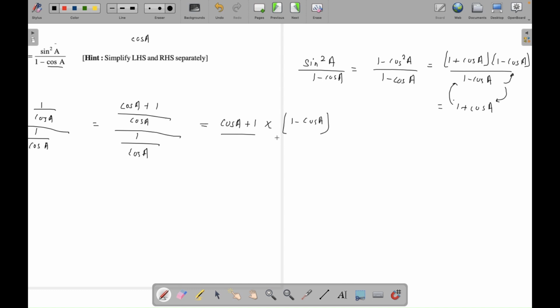This will not change the result, right? And then this is of the form (a plus b)(a minus b), so this becomes a square minus b square, or 1 square minus cos square a upon 1 minus cos a. So 1 minus cos square a is sine square a. So this becomes sine square a upon 1 minus cos a.